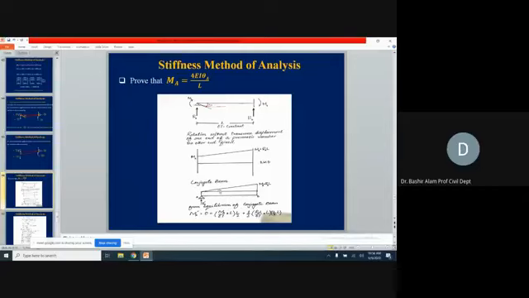First we take the moment because of this lower rectangle, which has length L and ordinate MA. The area of this rectangle is MA over EI multiplied by L, shown here in the parenthesis.